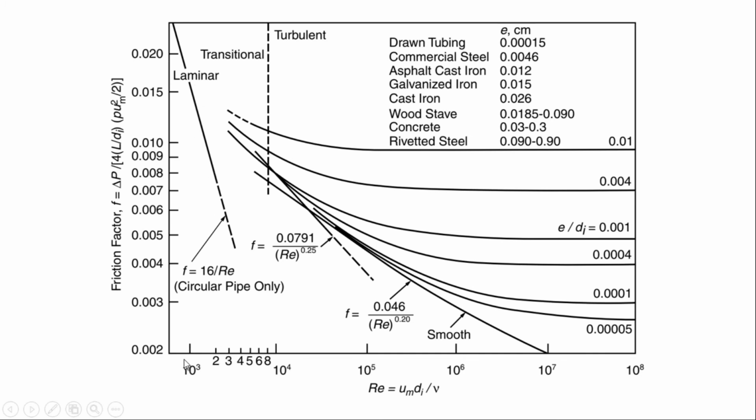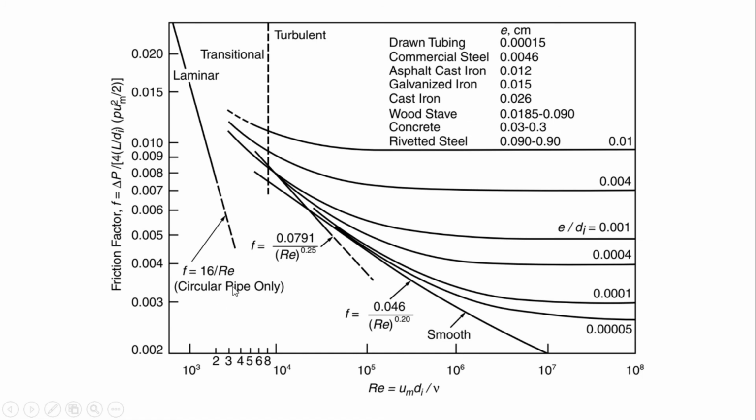So let's suppose the Reynolds number is 1000, which is 10 raised to the power 3. You draw a vertical line over here until it intersects with this line. Then you draw a horizontal line over here, and ultimately you get the value of the friction factor, right? This is only for circular pipes, right?